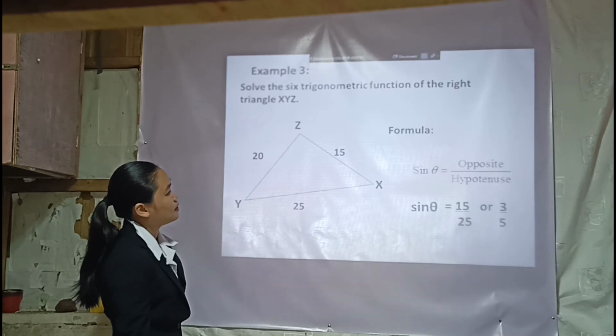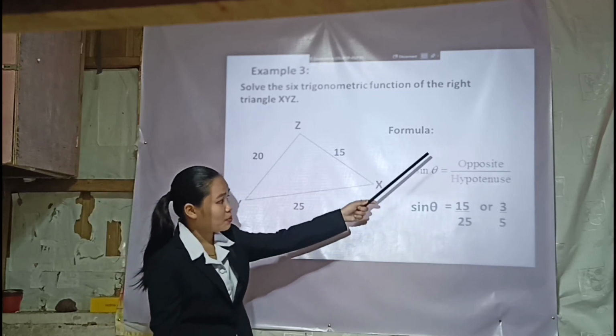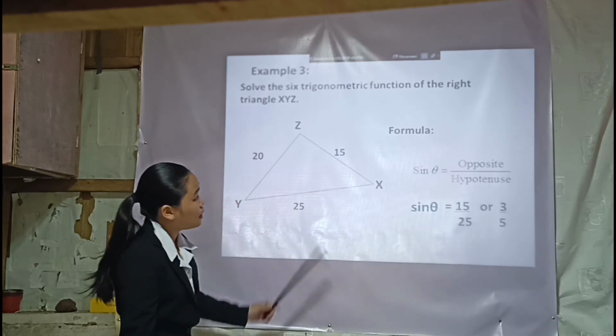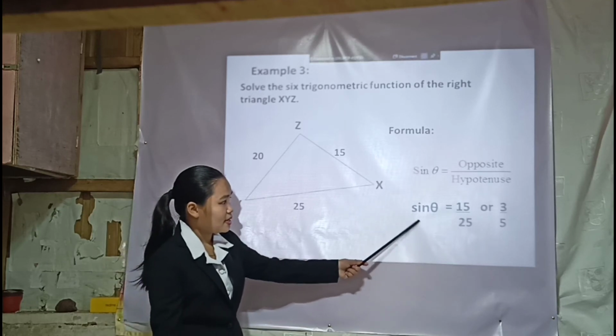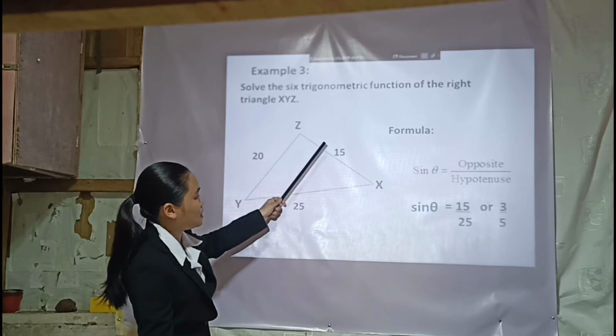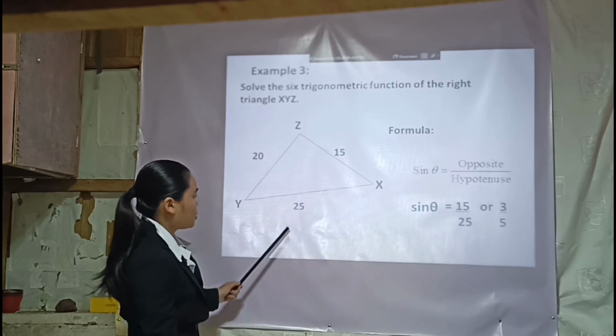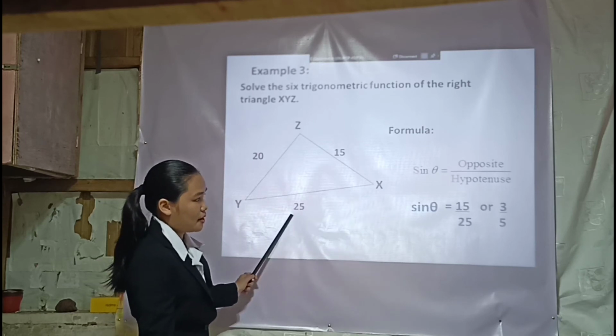Let's solve the sine. The formula, sine theta equals opposite over the hypotenuse. So, sine theta equals 15 over 25 because the opposite is 15 and the hypotenuse is 25.